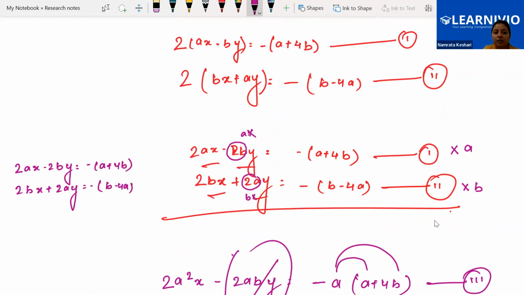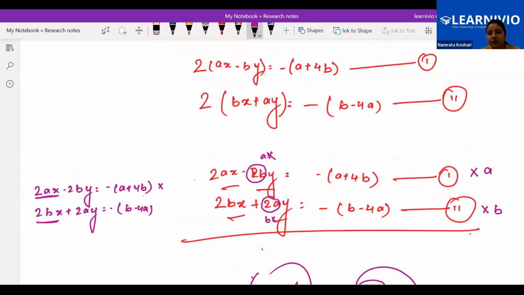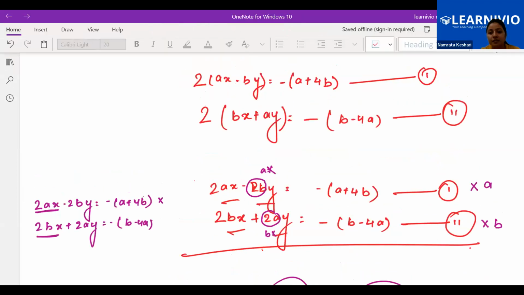In equation number 1, to make the x coefficient same, what do you need to multiply by? Can you tell me? Harshit and Ziana. If we want to make the x coefficient same, 2a is there, here 2b is there.